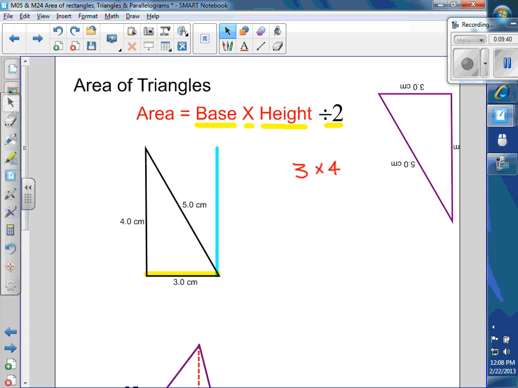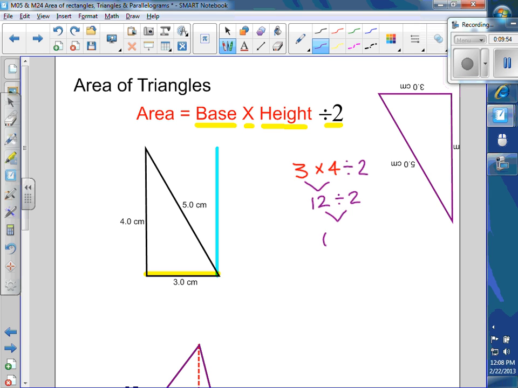So I have to take my rectangle area and divide it by 2. Divide it into 2 equal parts. So this is 12 divided by 2. So my area here is 6 centimeters squared.